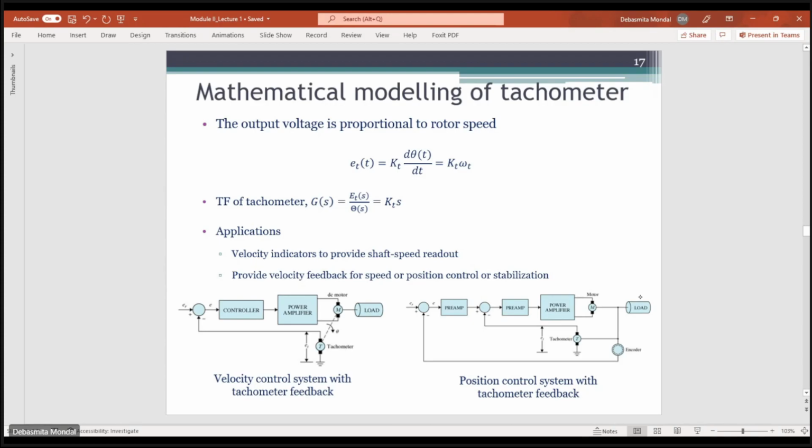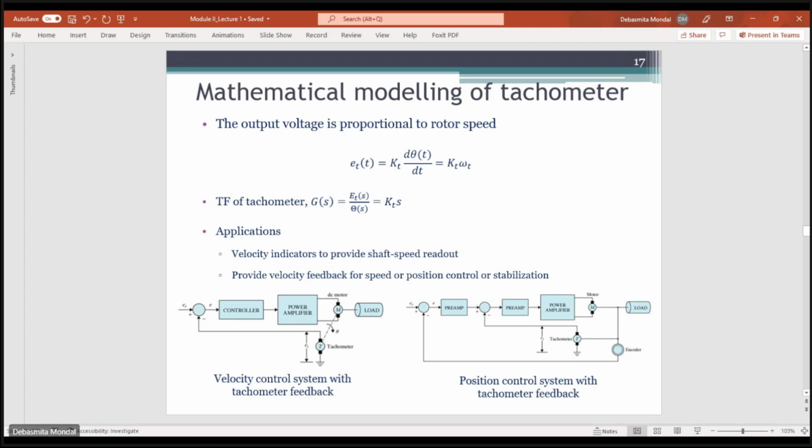Then ET equals some proportionality constant KT times the derivative of theta. If theta is the angular position, its derivative gives the angular speed. So ET equals KT times the rotor speed, or angular speed. This is a time domain equation.